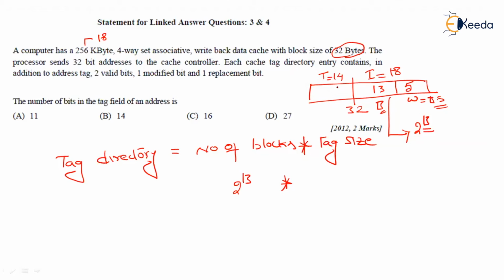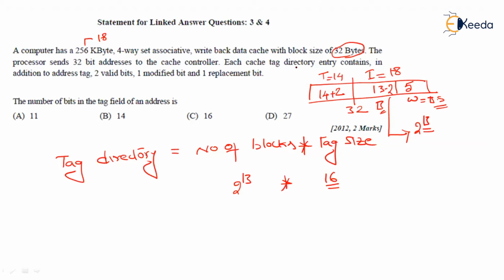As you know, the block field is reduced by 2 and the tag is increased by 2. So the number of tag bits is equal to 16 here. As the number of tag bits is 16, we must multiply it with the number of blocks to find the tag directory size. But here, as in the question, there will be some additional bits attached to the tag.